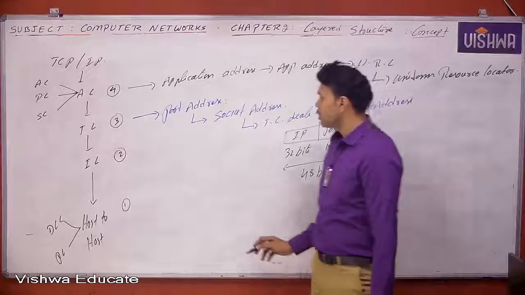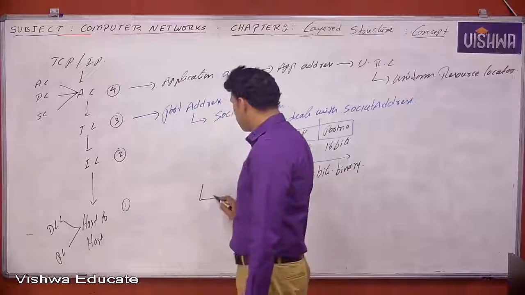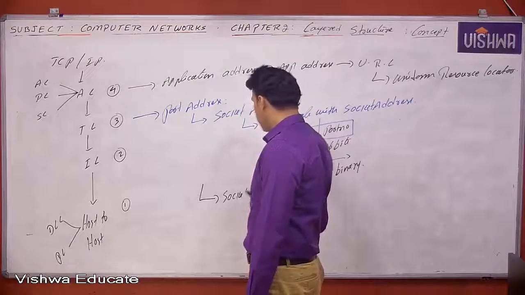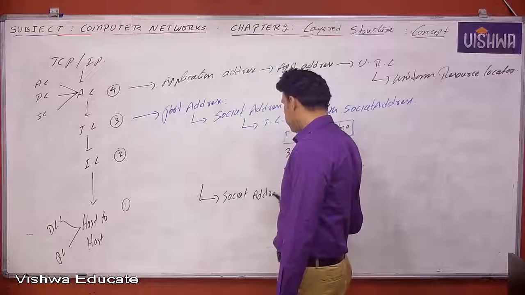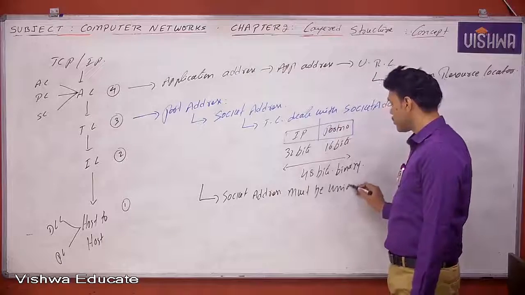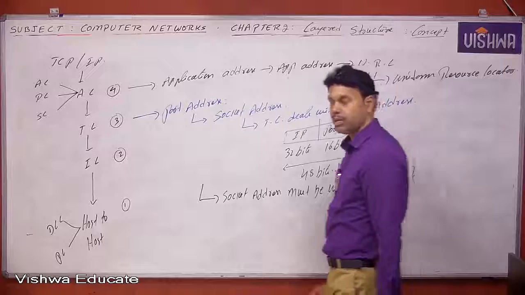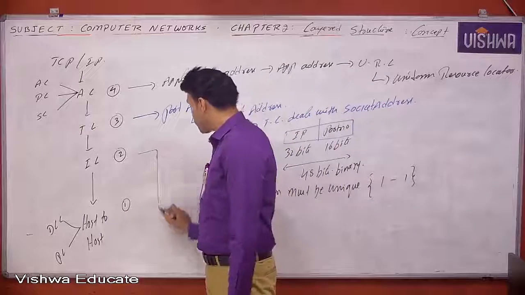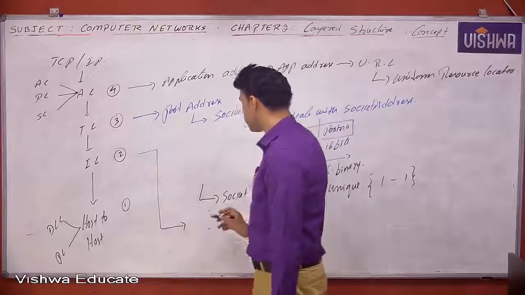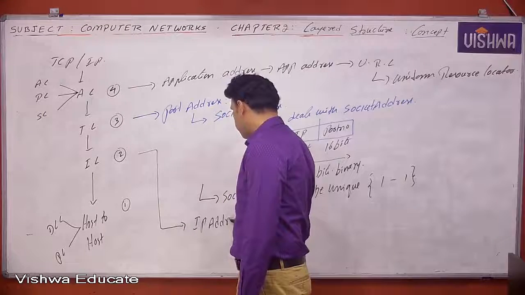Okay. And one more thing is that a socket address must be unique, which is nothing but 1:1. So when you talk about the internet layer, it deals with the IP address.